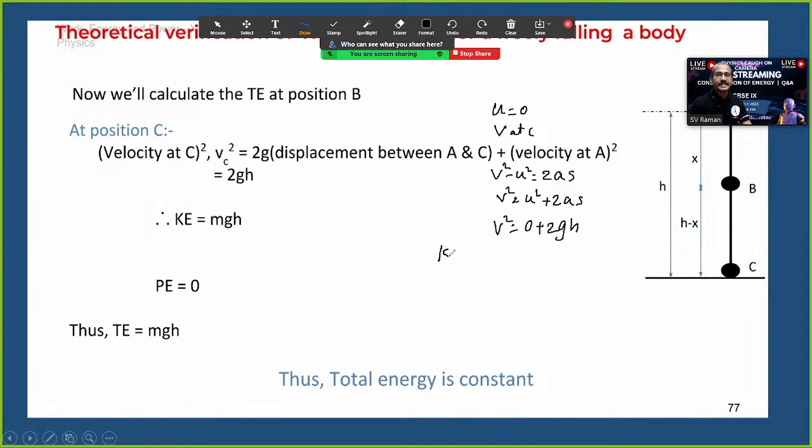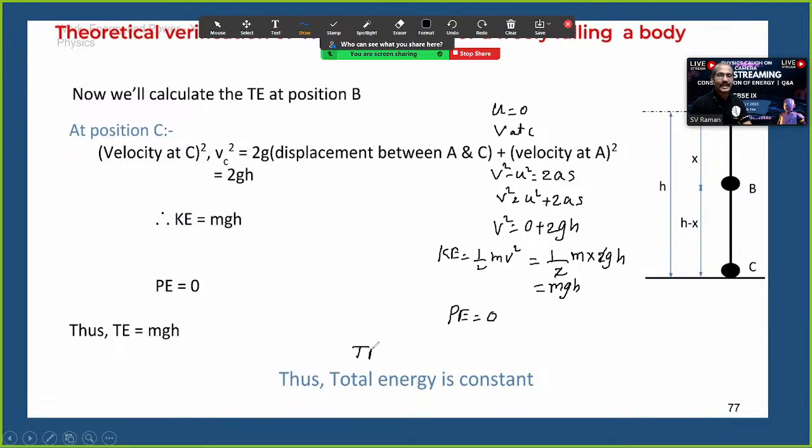What about kinetic energy? K is equal to half mv square. That is equal to half into m into v square value 2gh. The 2 will be cancelled. Finally mgh, that is the KE value. What about potential energy? Potential energy at the ground level will be 0.